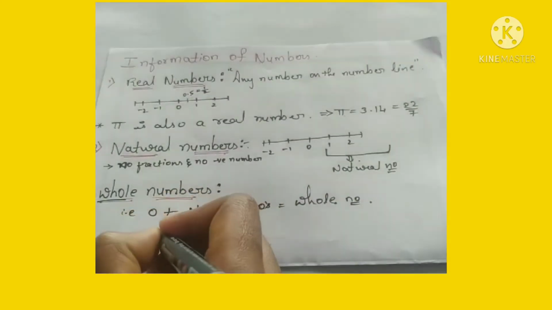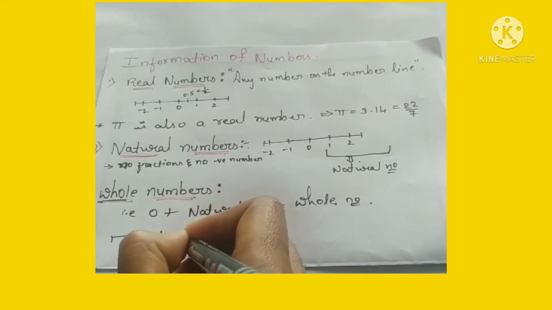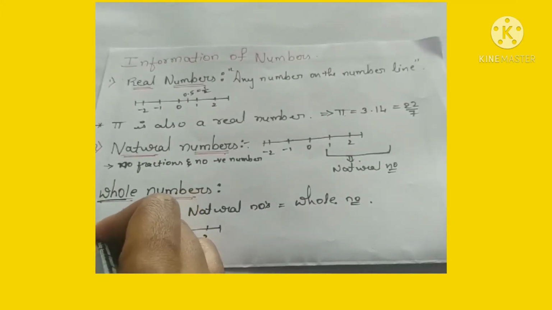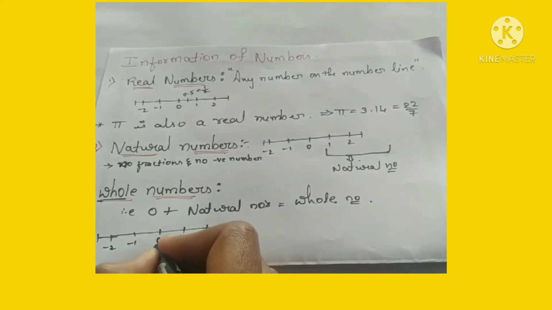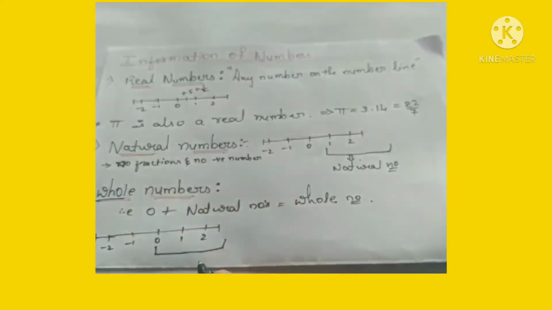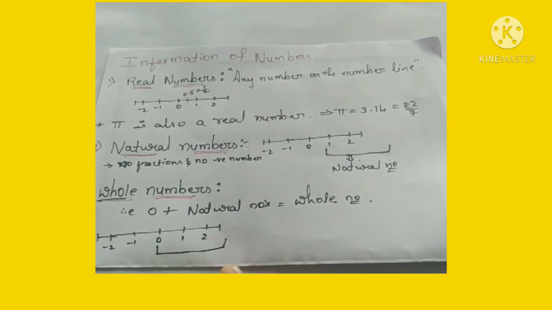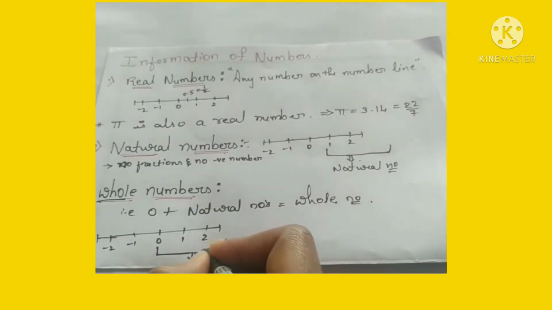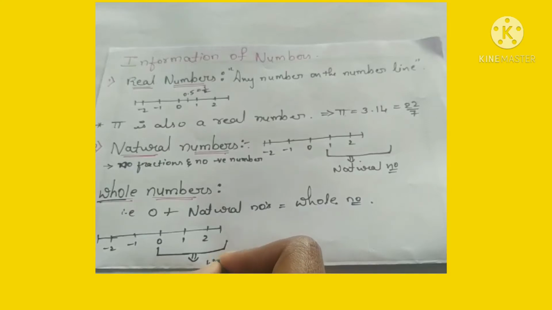Just I will write the number line: 0, 1, 2, here minus 1, minus 2. From 0 up to infinity, we call them whole numbers. Here also no fractions and no negative numbers come under the whole numbers.